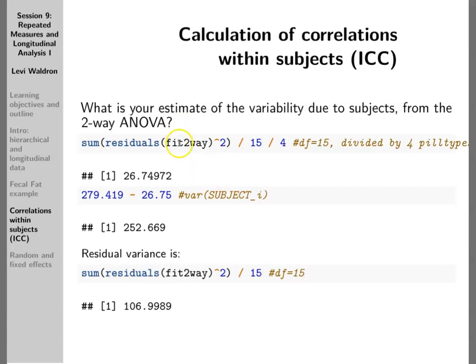Now, in our case, you can estimate this by hand. This is kind of annoying and not something you usually will have to do yourself. But if you do, an easy way to do it is from your two-way ANOVA. It's going to be easier once you learn how to fit a mixed or a random effects model, because you will get these variance estimates just out of the model.